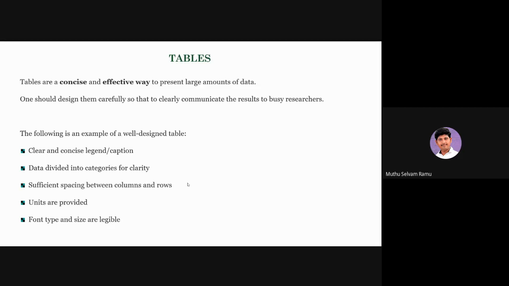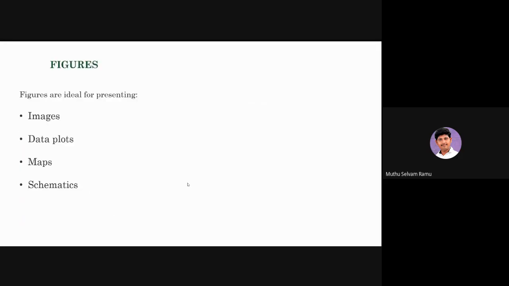It should be in gray, or in black and white with lines and words. It should not contain colors. If there is important content inside the table, you can highlight it rather than making the whole table colored. That should be avoided.